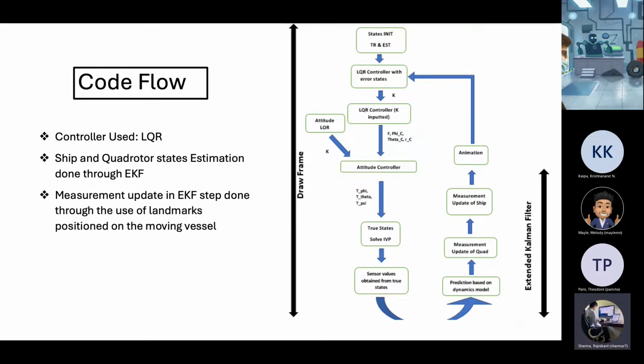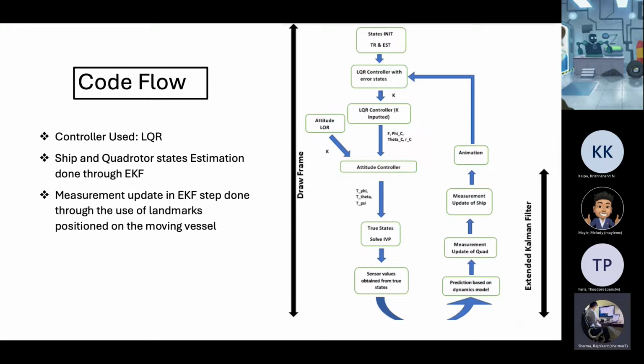Going towards the EKF block now. Predictions are based on the dynamic model of the quadrotor and the moving vessel. We have made separate equations for the dynamics of each. In the measurement step, the location of the quadrotor is estimated using landmarks on the ship which are moving.